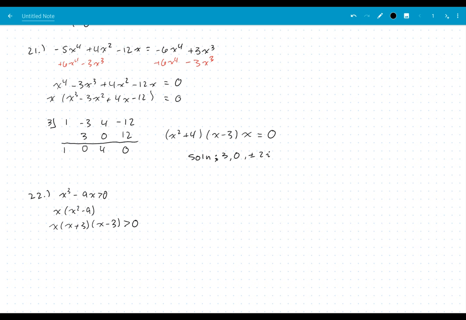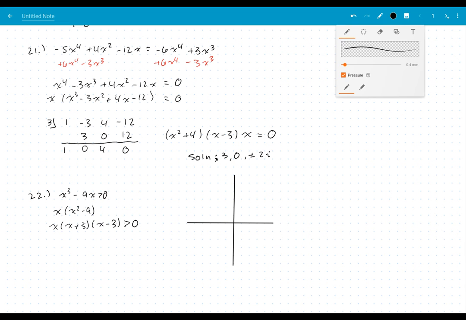So we need to find every place where this function is positive. So we can graph it, right? Our function is going to look like we have the coordinate plane. Might as well do a better job since I have the grid. Right, okay. We can go back to the pen.